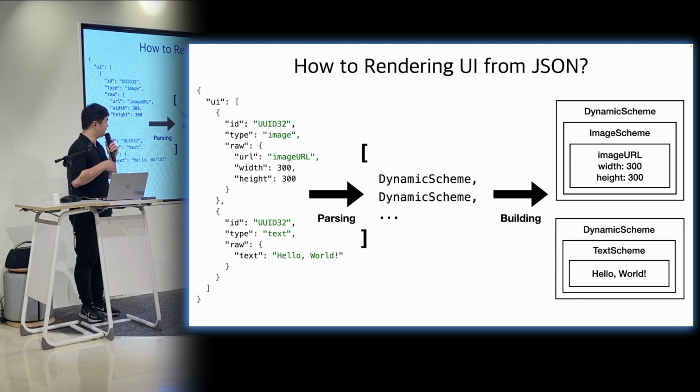And when the client builds this dynamic scheme, there is property information in the raw data. So in this phase, it can build it as an image scheme or text scheme, which is wrapped by the meta type dynamic scheme.